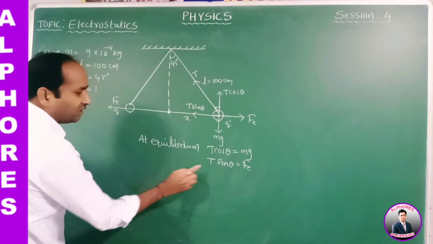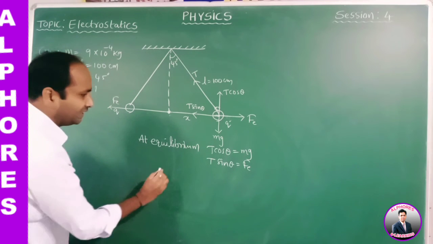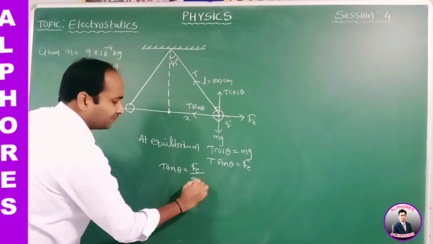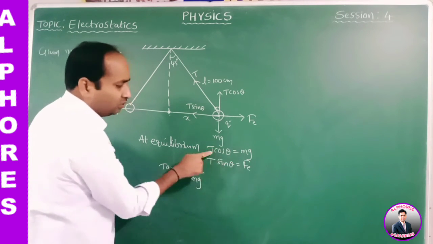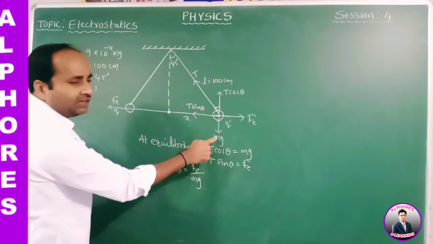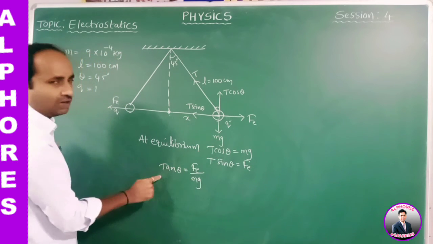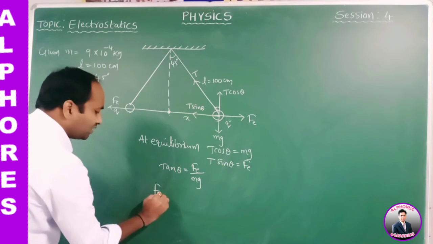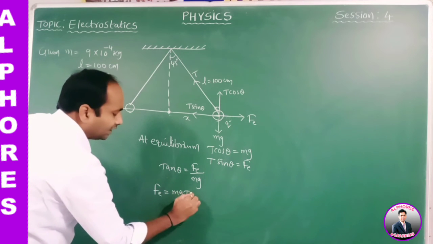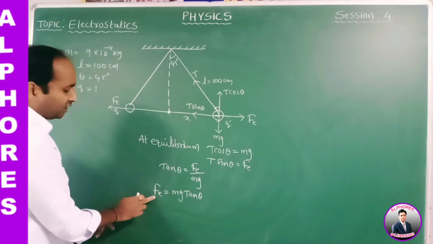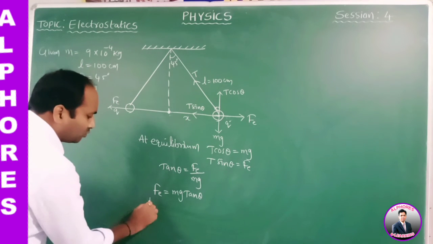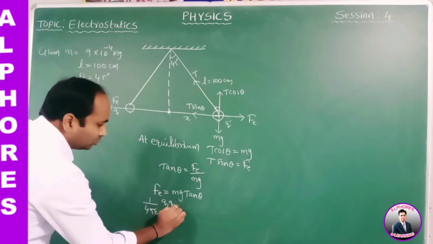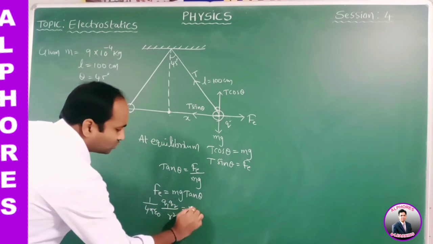From these two equations, T sin theta by T cos theta, T gets cancelled, so tan theta is equal to Fe by mg. So Fe is equal to mg tan theta. And what is Fe, the electrostatic force? By Coulomb's law, the formula is 1 by 4 pi epsilon naught q1 q2 by r square, which is equal to mg tan theta.